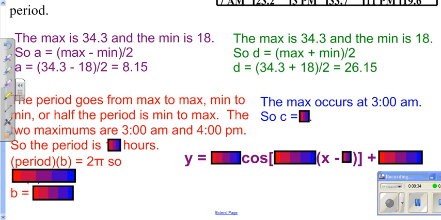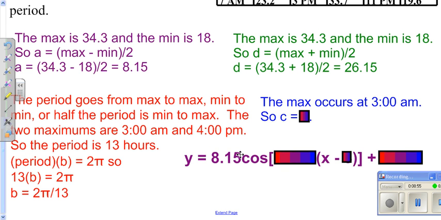So your period is 13 hours. So your peanut butter equation: 13 times B is equal to 2 pi. We are then able to get 2 pi over 13 for your B value. So we know A is 8.15, B is 2 pi over 13, D is 26.15.